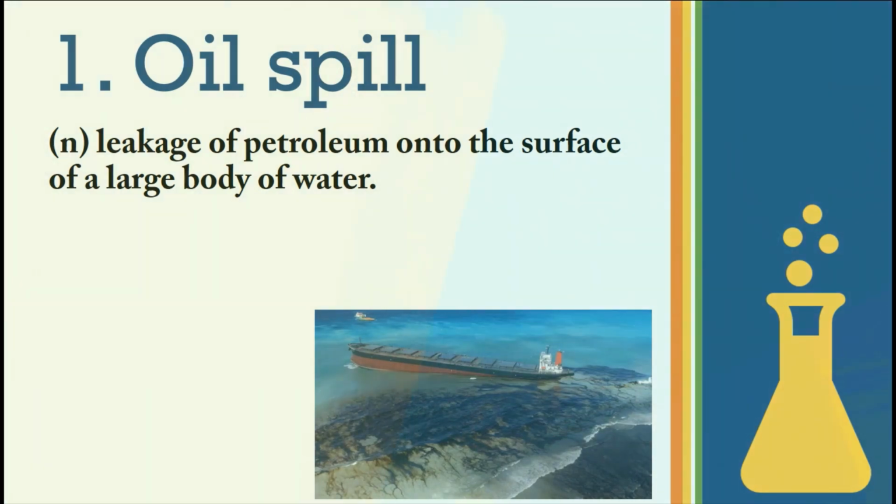Okay, so you can see here that there is like color black thing here. These are oil or petroleum. It can be in the ocean, or it can be in the river or lakes. If there is a petroleum on the surface of a large body of water, then we call it oil spill.